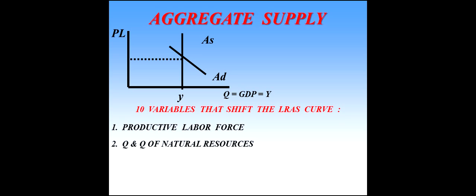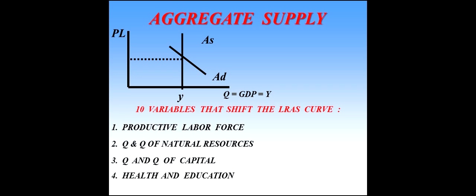The quantity and quality of natural resources make more available to be produced, and that will shift the curve to the right. The quality and quantity of capital that's invested into the economy will do the same thing to make all the resources more productive, and it will shift the curve to the right. Increased health and education, increasing the skills of the workforce, making it more productive, will shift the curve to the right.